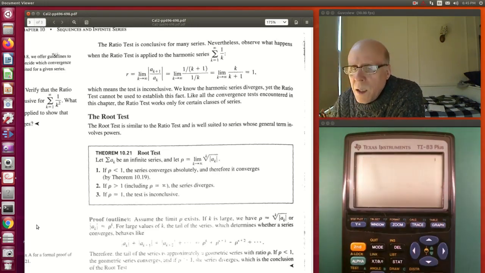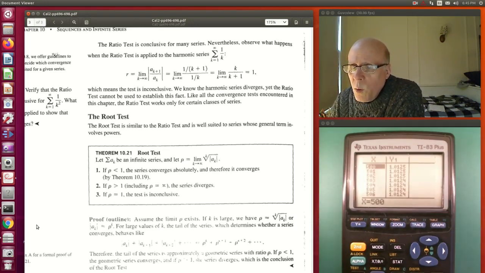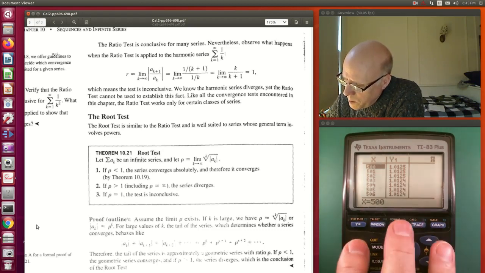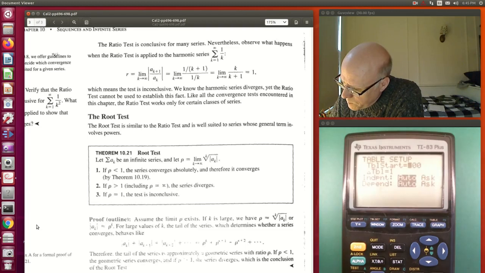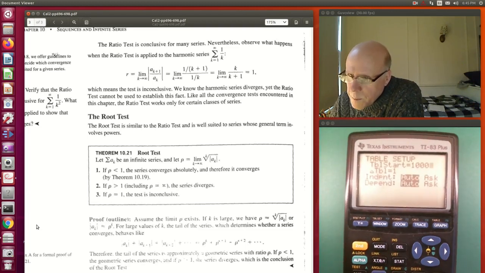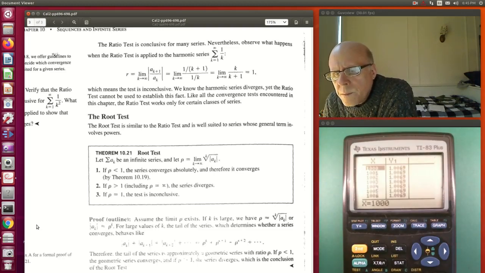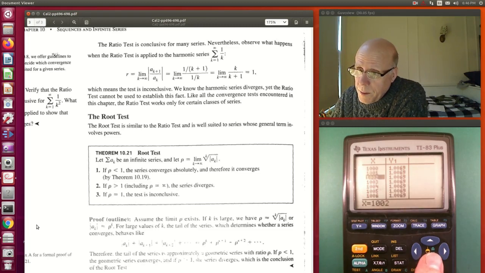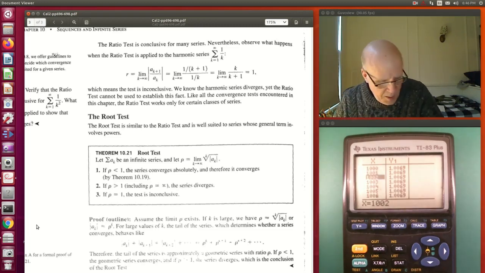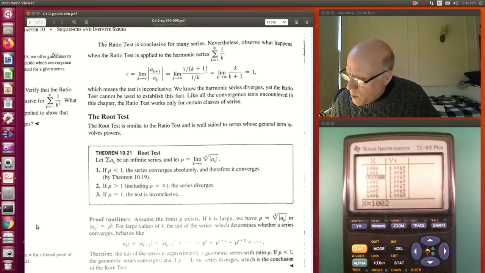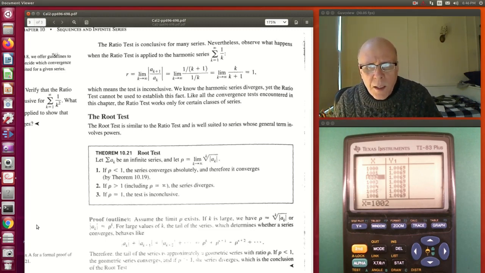Sorry about that. 1.0125. Okay, maybe I should go into the thousands. 1.0069. Yeah, it's starting to look like it's approaching 1, isn't it? Maybe that's something we could prove somehow. Okay, so that limit seems to be 1.